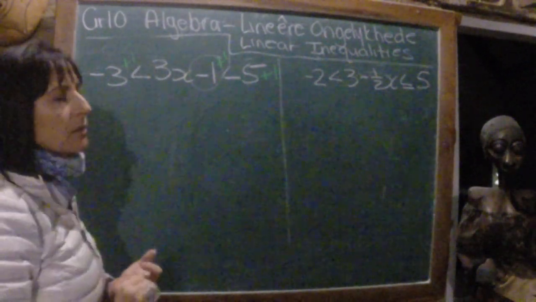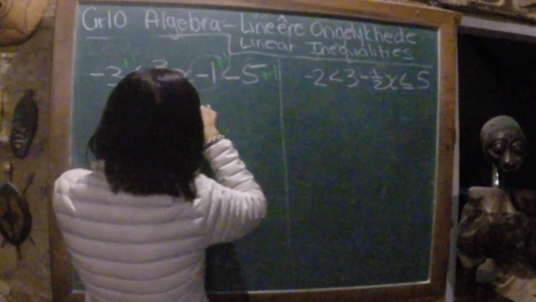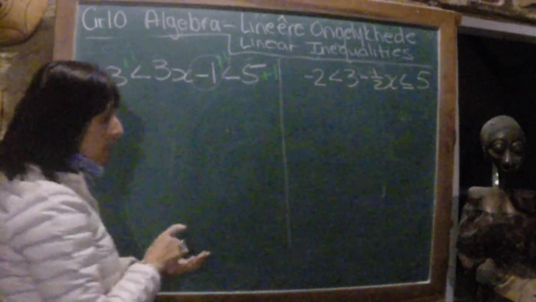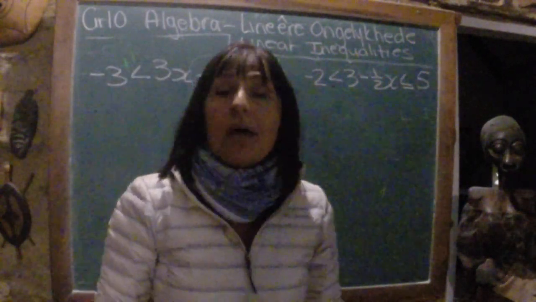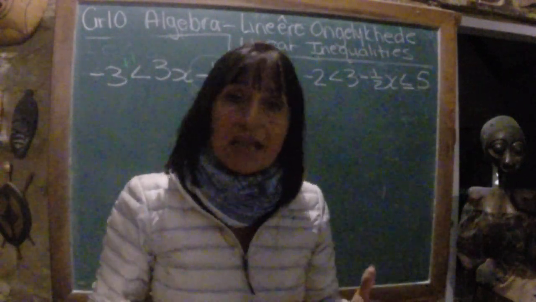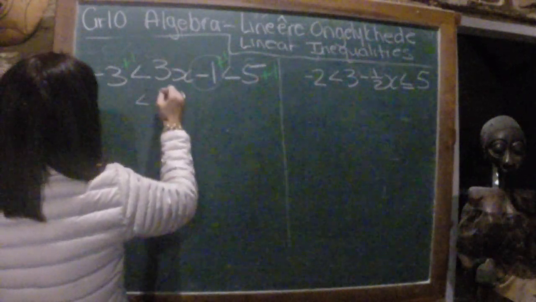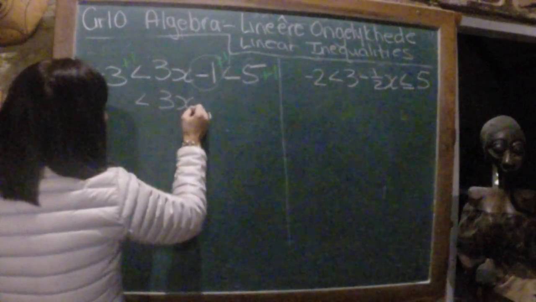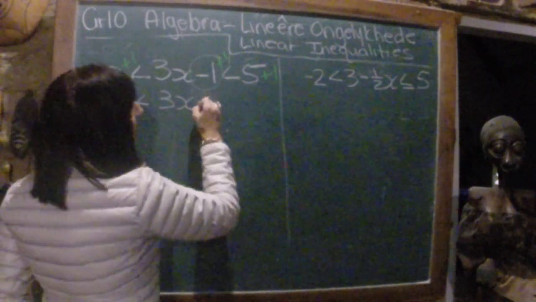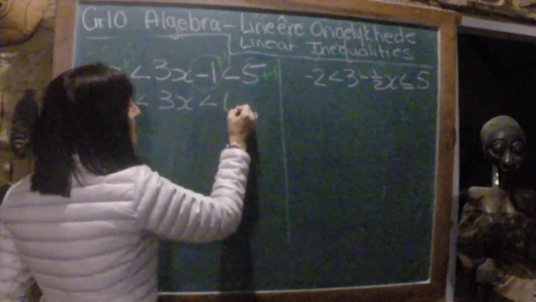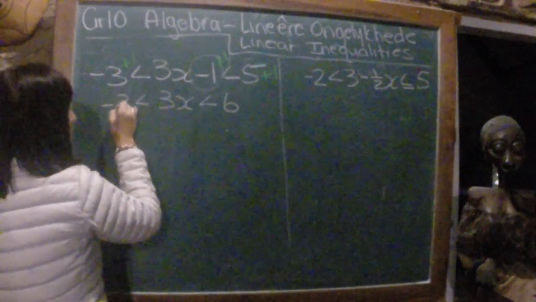Kyk wat doen juffrou. Ek tel plus 1 in die middel by en aan al twee die kante. So let's rewrite it. Because I added 1, the inequality stays exactly as it is. So I've got now 3x, because -1 plus 1 gives me 0, 5 plus 1 gives me 6, en -3 plus 1 gee my -2.